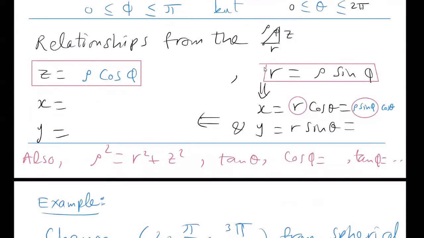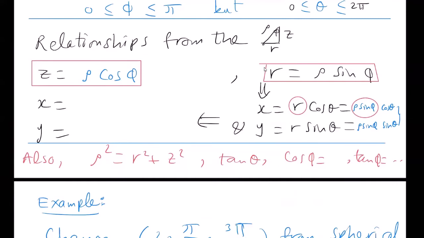And y is R sine theta, which is again the same story, rho sine phi sine theta. So if we know the spherical coordinates rho, theta, and phi, we can find the rectangular coordinates x, y, and z. What is x? It's rho sine phi cosine theta, and y is rho sine phi sine theta.